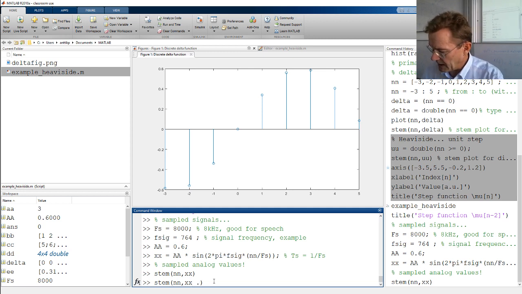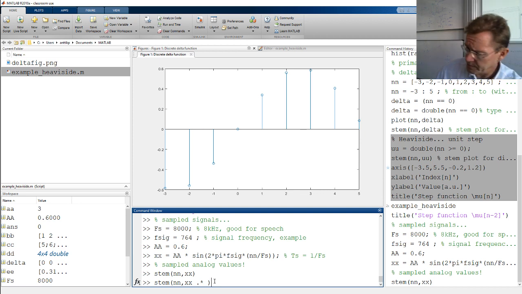You multiply this one with this Heaviside function, which was u there. Multiplying vector by vector so that you're multiplying element by element is dot times. It's not dot product, but it's actually an element-wise operation.